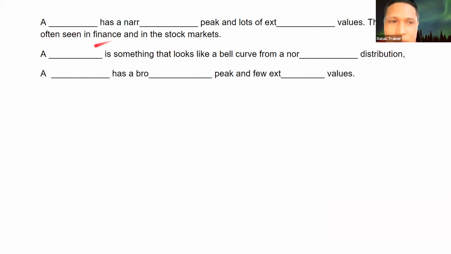If you can't get this one, let's move on. A something looks like a bell curve from a normal distribution. And the third is something that has a broad peak and only a few extreme values. Can anybody fill in the words for any of these three?